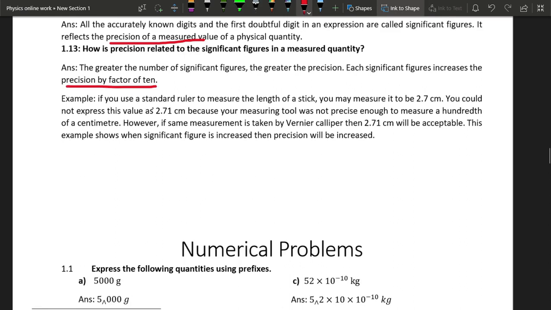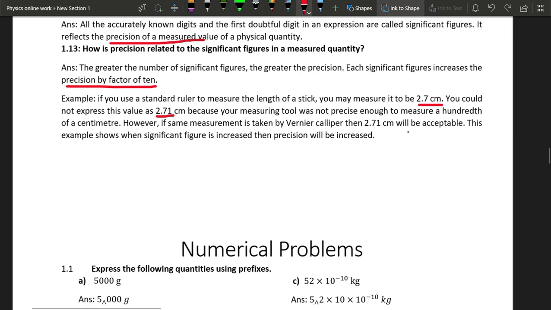For example, if we use a standard ruler to measure the length of a stick, we may measure it to be 2.7 centimeter. You could not express it as 2.71 centimeter because your measuring tool was not precise enough to measure the hundredth of a centimeter. If the same measurement is taken with a vernier caliper, this will be acceptable.